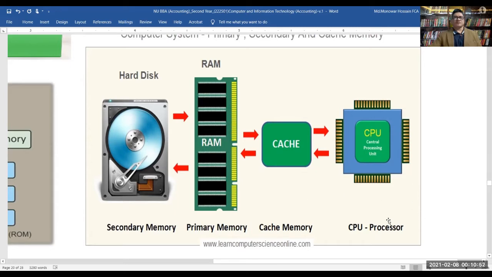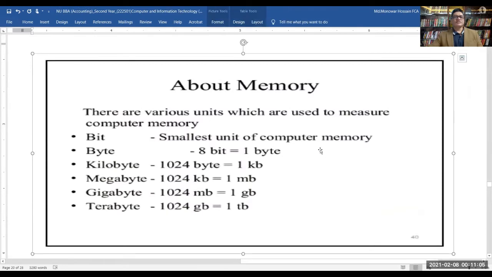CPU is the processor. If you see about the memory, there are various units which are used to measure computer memory. Bit: the smallest unit of computer memory. Byte: 8 bits equal 1 byte. Kilobyte: 1024 bytes equal 1 kilobyte.